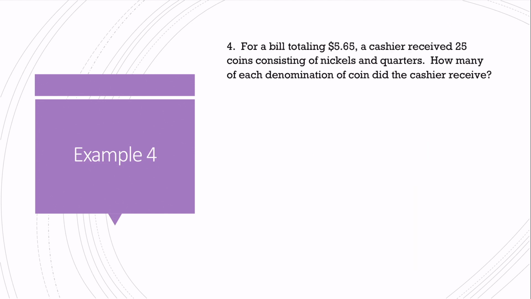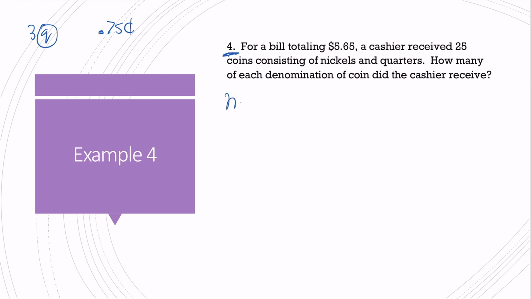For our next example, we have to also keep in mind that coins, while we can count them, they also have a value. So if I have 3 quarters, that's 75 cents, right? So I have a number of quarters, but then that number of quarters also has a value. So in example 4, for a bill totaling $5.65, a cashier receives 25 coins consisting of nickels and quarters.